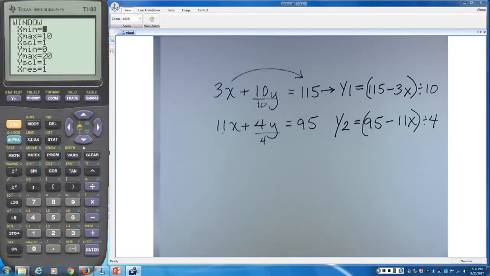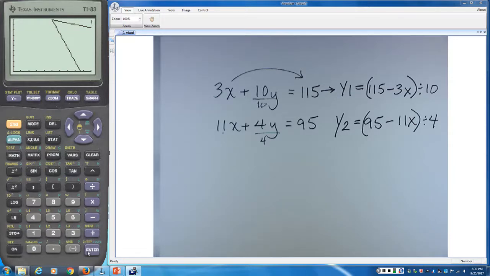The other thing you can do, and I didn't do it on this one, is this: if I start out going 0 to 10 in both directions, because I'm trying to teach you the technology skills while we're learning the math, and I hit graph and I don't see what I want to see, another thing I could do without having to think it through myself is go back to zoom and tell it to go down to zoom 0, which will fit.